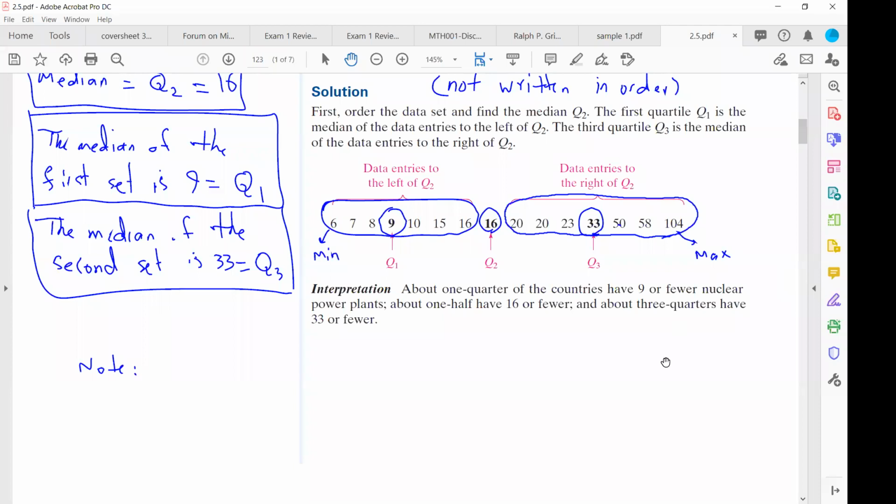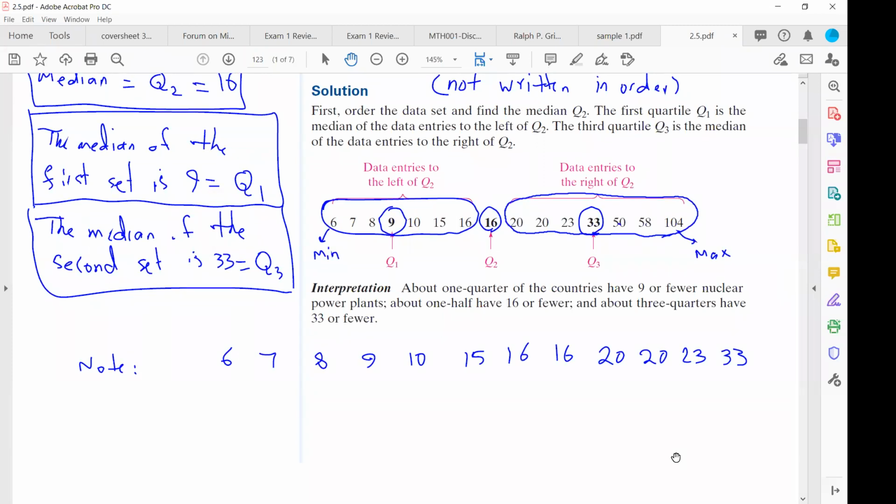So suppose you had 6, 7, 8, 9, 10, 15, 16, another 16, 20, 20, 23, 33, 50, and 58. I'm just eliminating the last number. Now I have 14 data in my collection.